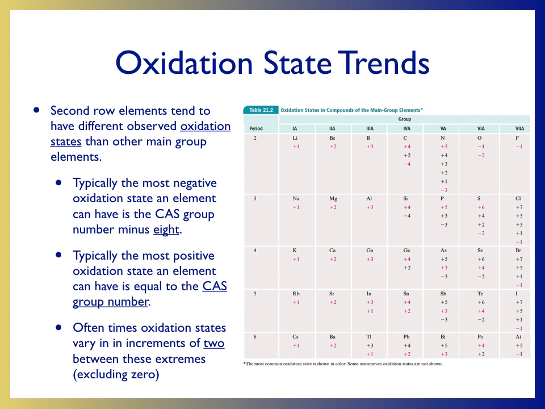For example, the highest oxidation state for sulfur is plus 6. To figure out the other oxidation states, you simply subtract 2 from 6 until you get to the lowest oxidation state, which is minus 2. This means that sulfur has oxidation states of plus 6, plus 4, plus 2, 0, and minus 2.